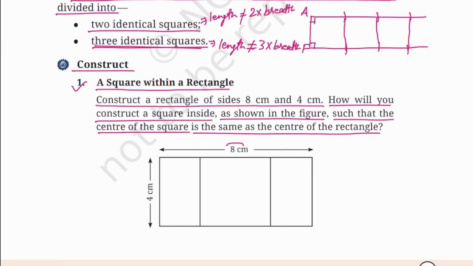You can see here this side length is 8 centimeter and this side length is 4 centimeter. Since minimum length is 4, you can construct a square whose all sides will be 4 centimeter each.